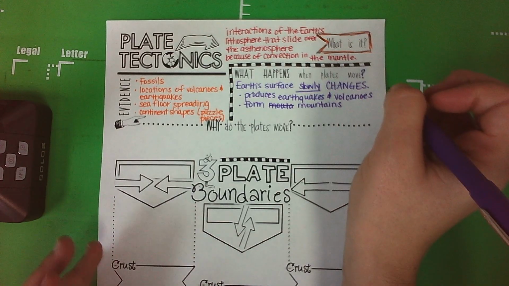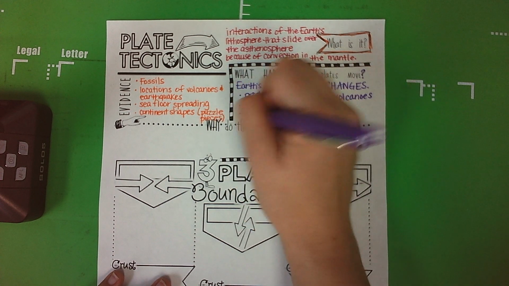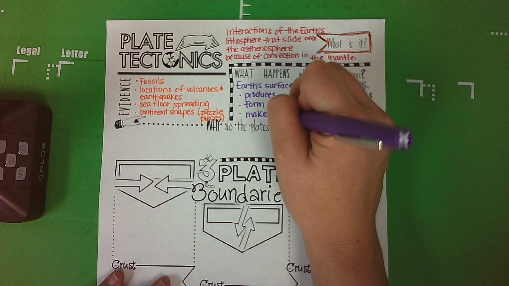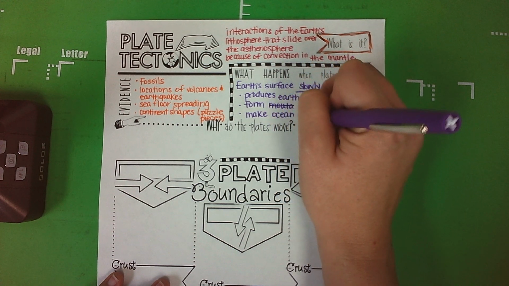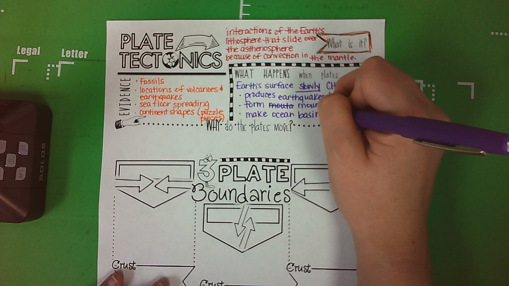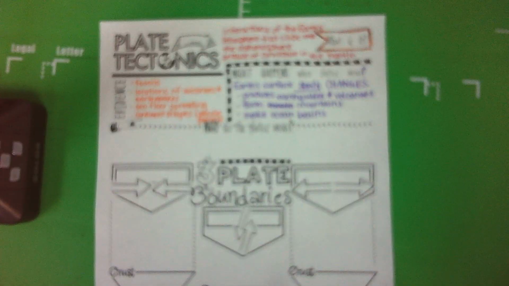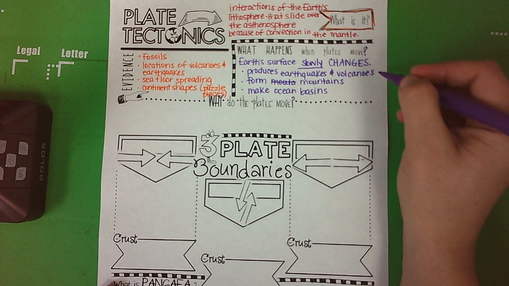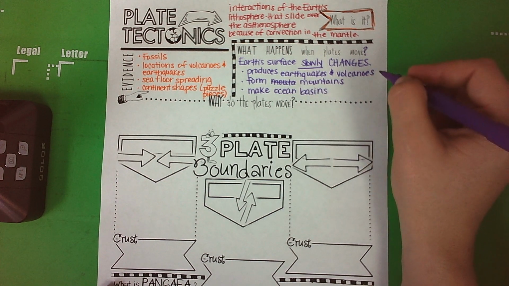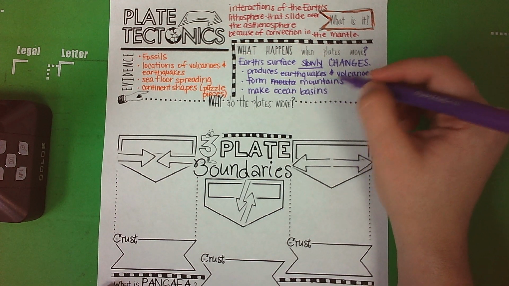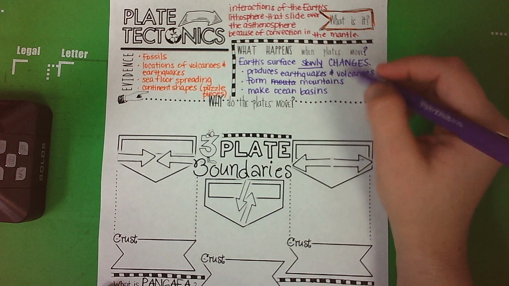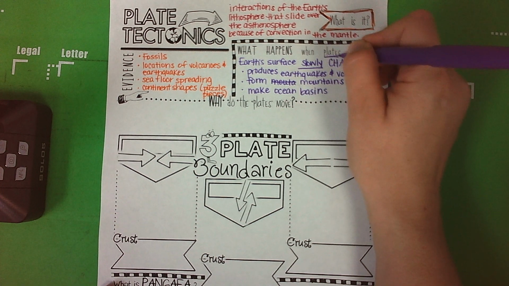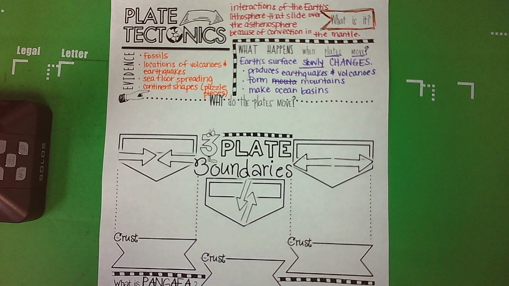When the plates move, they form mountains and they make ocean basins. Okay, so think about the boundaries that were mentioned in the video and how this is how Earth's surface is changing when the plates move. Okay, so the plates are going to be moving and that is causing changes.